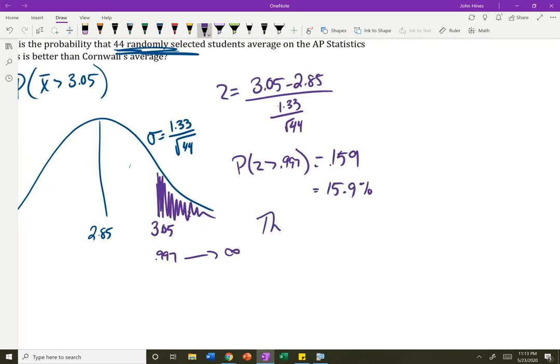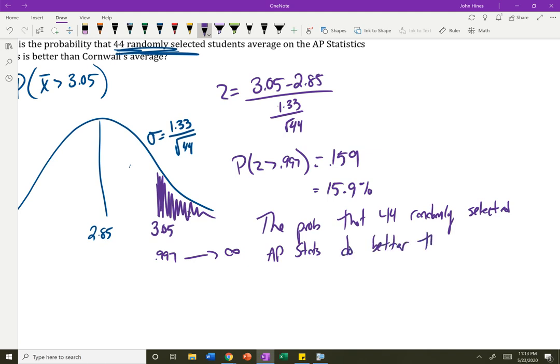So the probability that 44 randomly selected AP Stats kids do better than Cornwall's average, do better than CCHS's average, is only 15.9%.